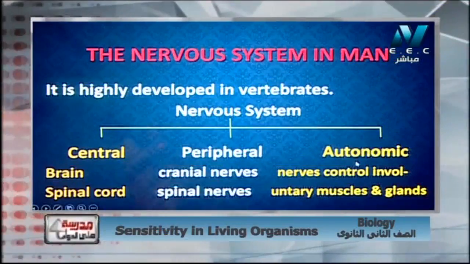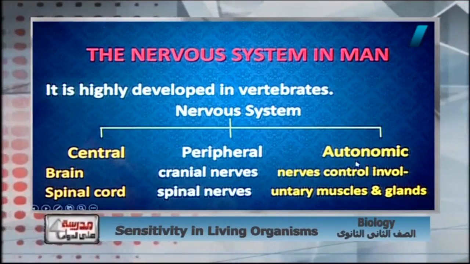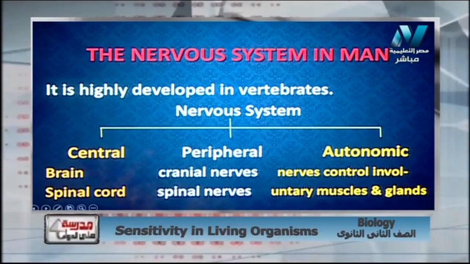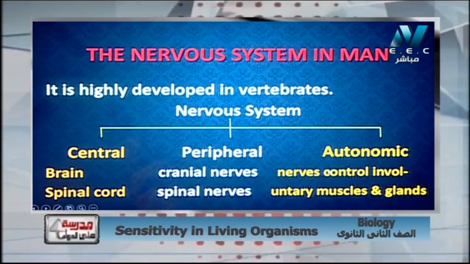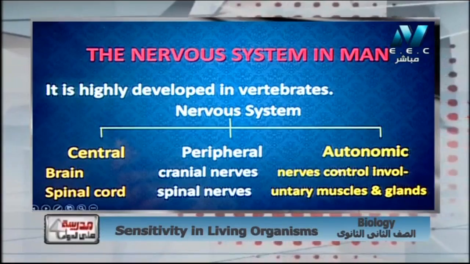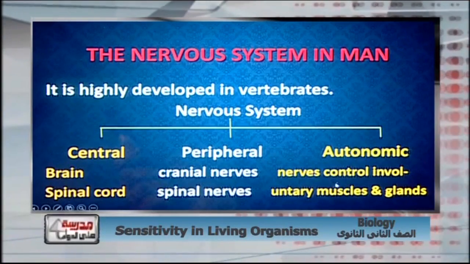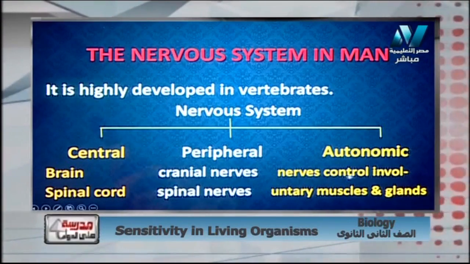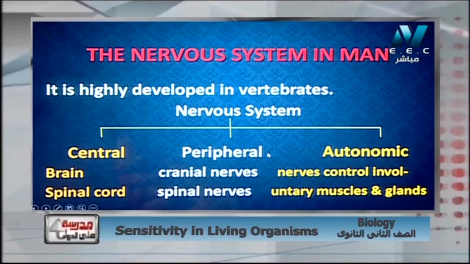The autonomic nervous system includes nerves that control involuntary muscles and glands. Not all the organs can give the response voluntarily. Some of them are involuntary muscles or glands, carrying out involuntary actions.